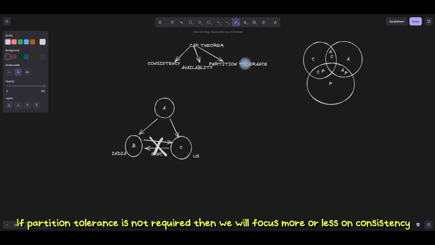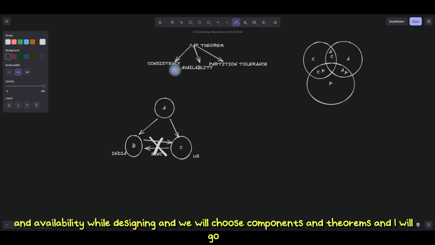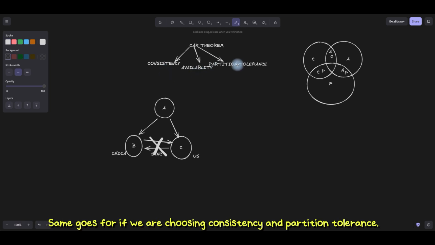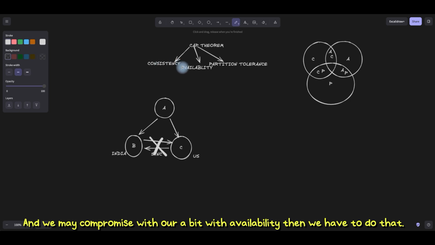If partition tolerance is not required, then we will focus more or less on consistency and availability while designing, and we will choose components, theorems and algorithms around that. The same goes if we choose consistency and partition tolerance and compromise a bit on availability.